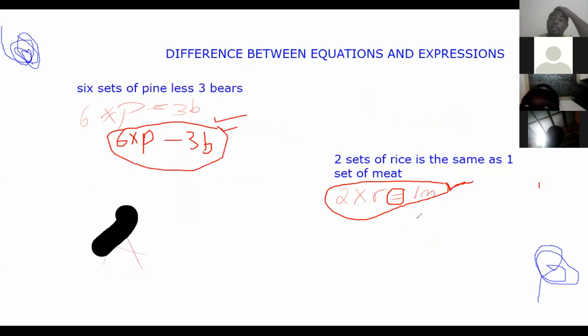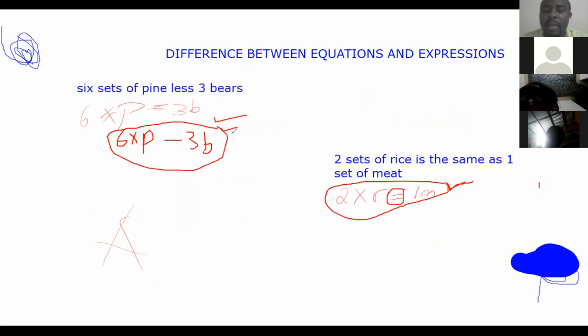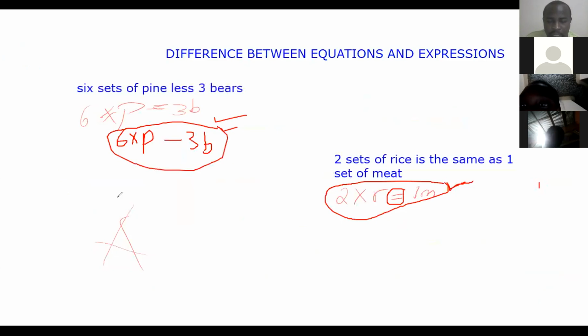Just remember, equations show equality, while expressions don't. They just express some verbal statement in a mathematical way, but there's no equality in the statement. What would this be? Would this be an equation or an expression? Look at it.